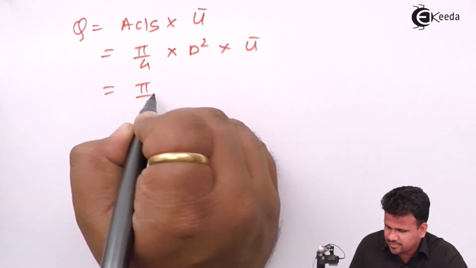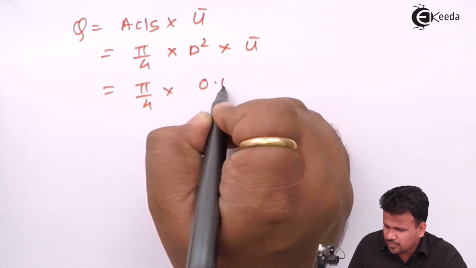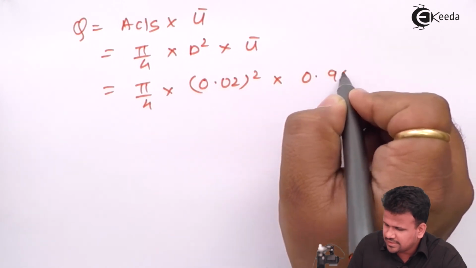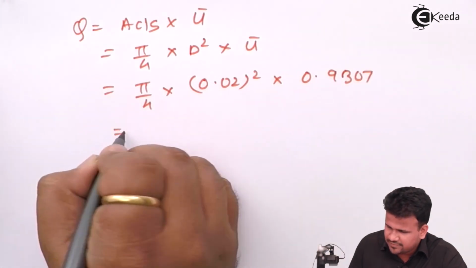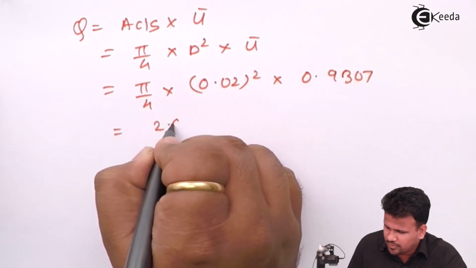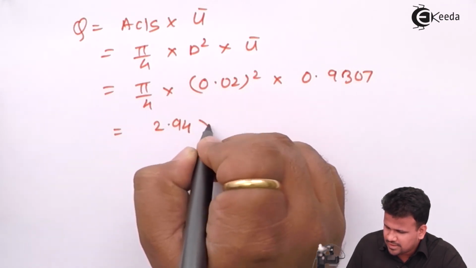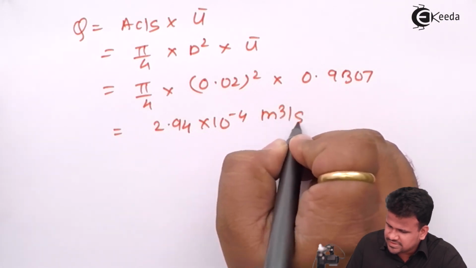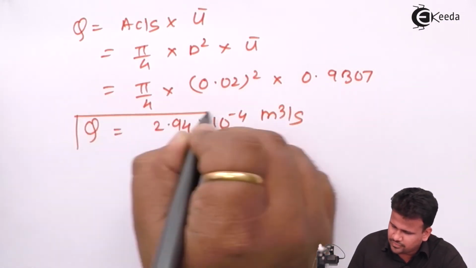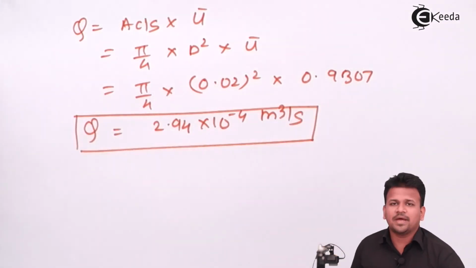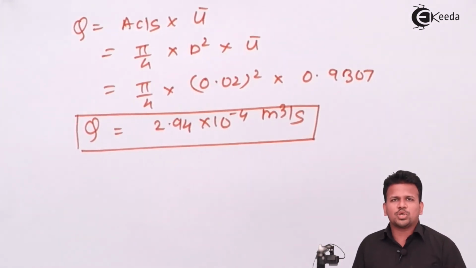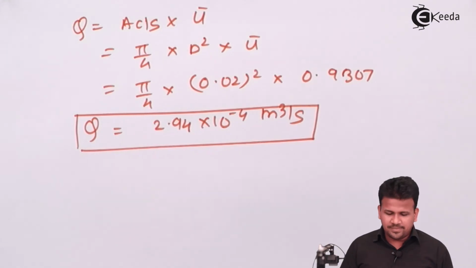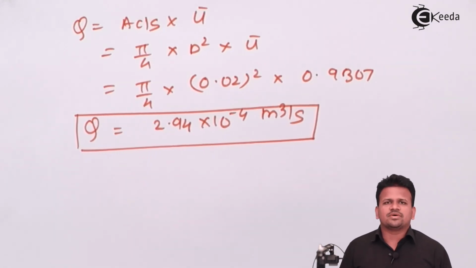So this is pi by 4 into 0.02 square into 0.9307, which comes out to be 2.94 into 10 to the power minus 4 meter cube per second. So that is the flow rate in the entire pipe. So now we have calculated the direction of the flow, and we have calculated the flow rate.